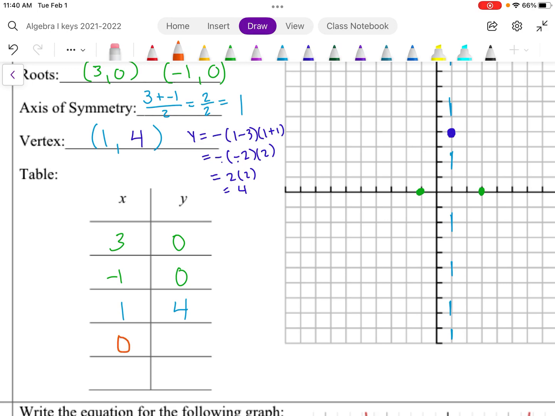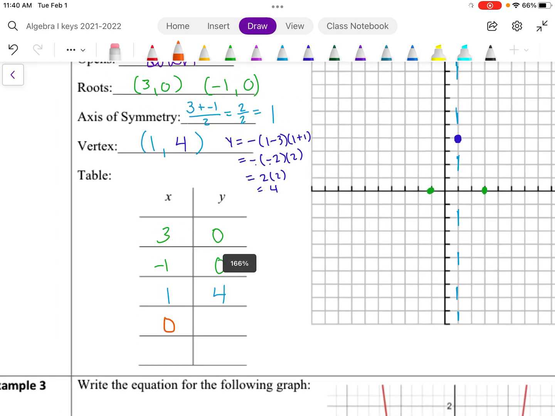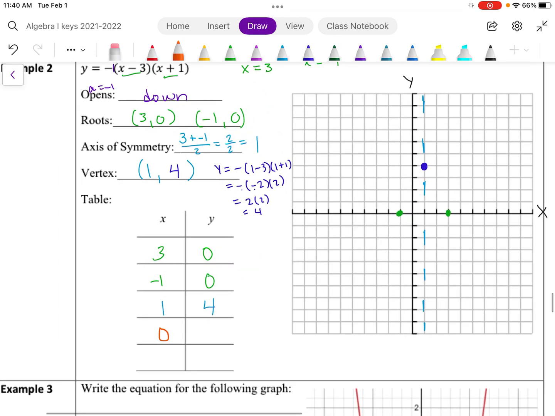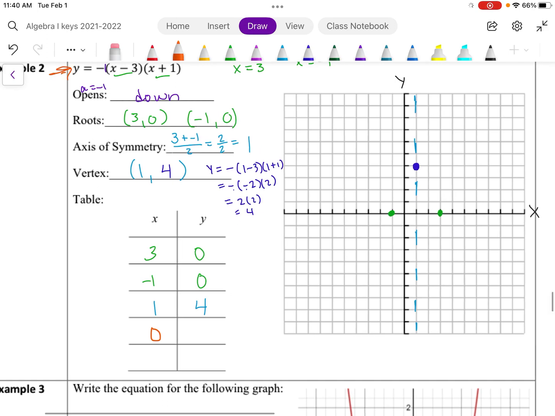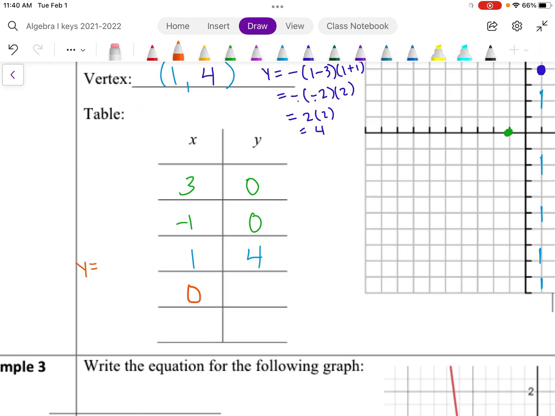I'm going to pick 0 so I can find my y-intercept. I always like to find my y-intercept. So then I'm going to take 0 and I'm just going to plug it in to that original equation. So instead of negative times x minus 3 times x plus 1, we'll have negative times 0 minus 3 times 0 plus 1.